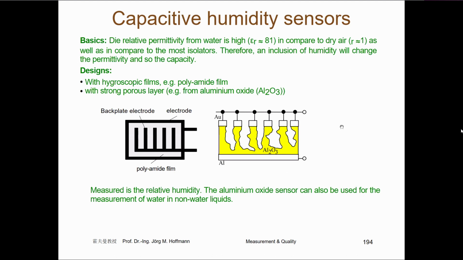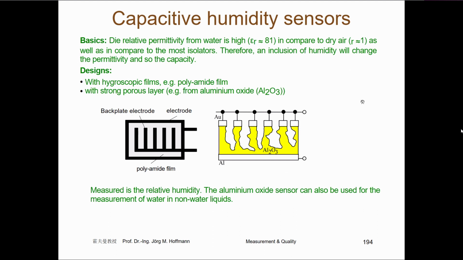So the next one is very, very often used. When you have a mobile phone, for example, and there is a humidity sensor in it, then it normally works according to this principle. The basis is that the relative permittivity of water is 81, in comparison to dry air, which is roughly 1.